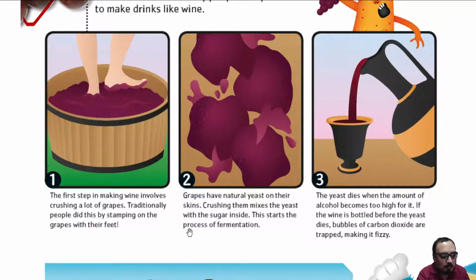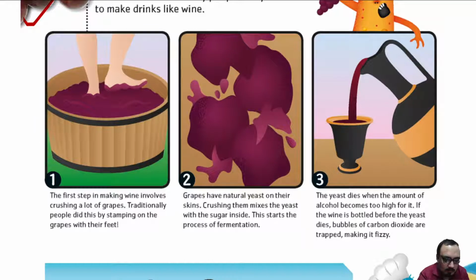Now the grapes have natural yeast on their skins, and crushing them mixes the yeast with the sugar inside, and this starts the fermentation of the wine.